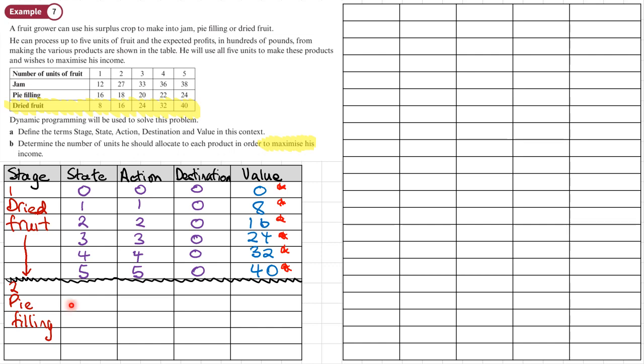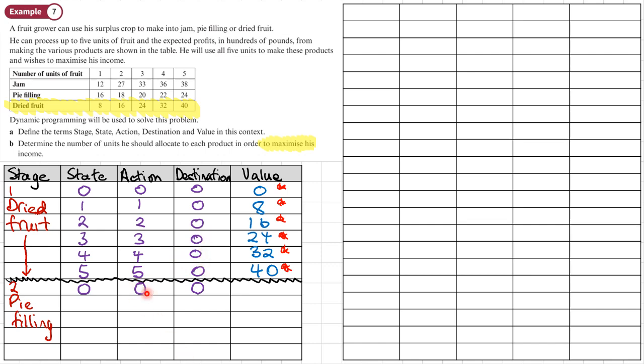So just like before, we need to consider what all the options are. So when we get to stage 2, it could be that there are no units that have been passed on from the previous stage. So this would mean all 5 units have been used up in the jam filling stage, which means then there are no units to process, no action to take. So there'll be none to pass on to stage 1, the dried fruit stage. So we're going to work out the cost.